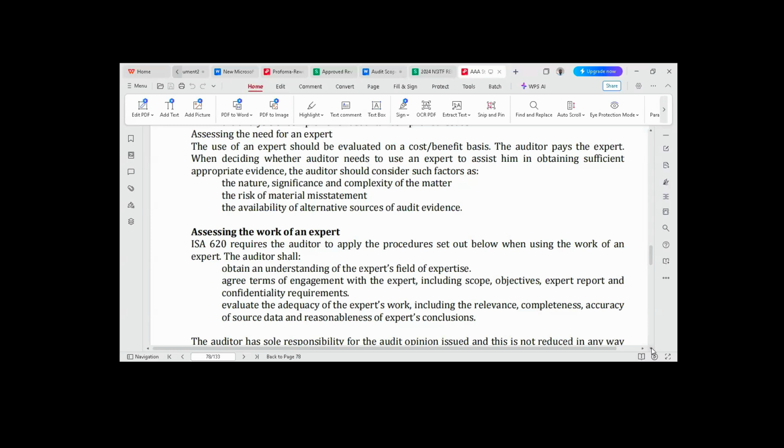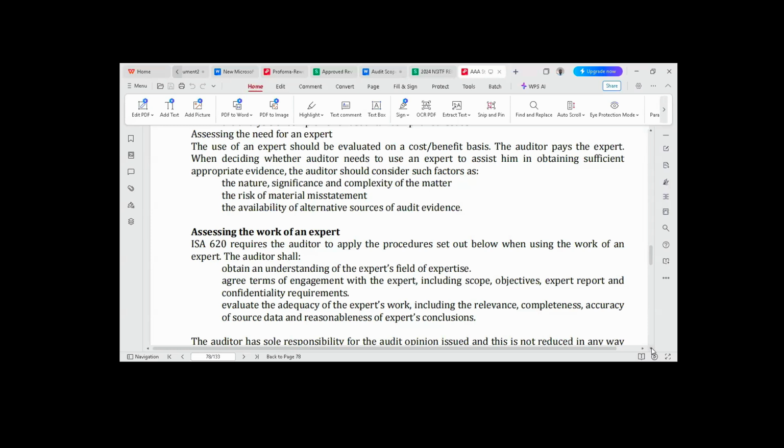The risk of using an auditor's expert is the fact that the auditor takes full responsibility for the work done by the auditor's expert. It is the auditor that is going to present the expert report to the management or to the client. That means that he must have an understanding of how the expert has carried out the work.